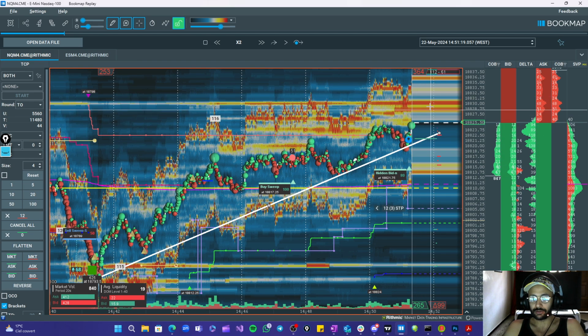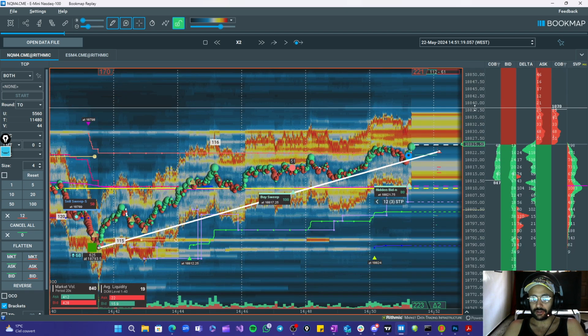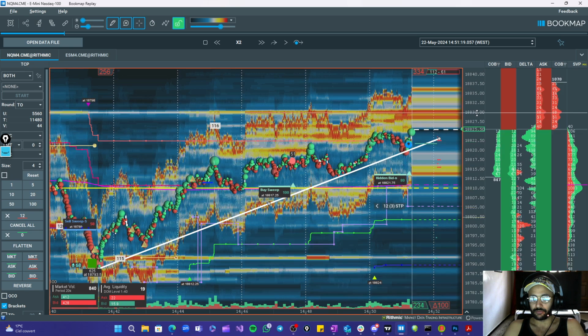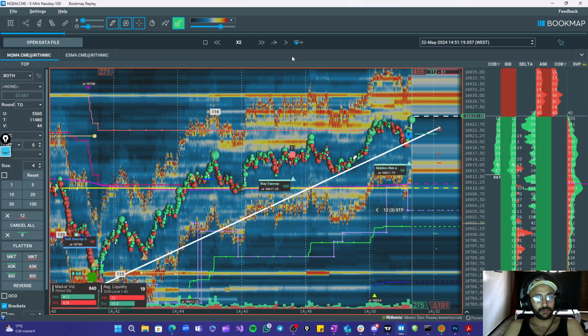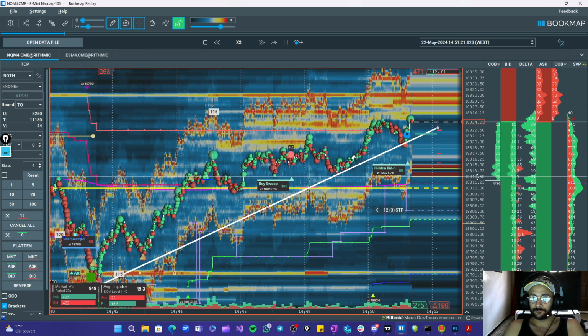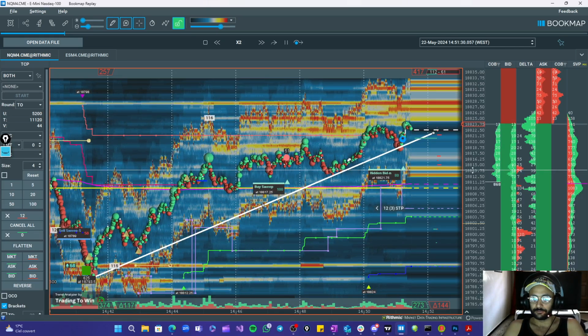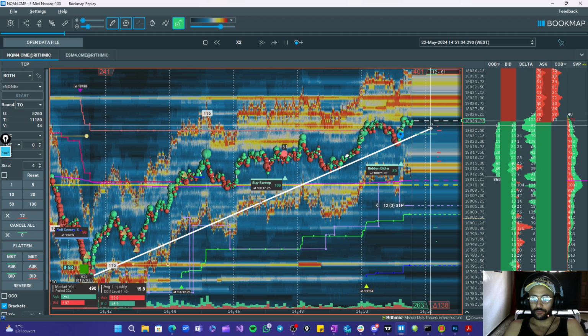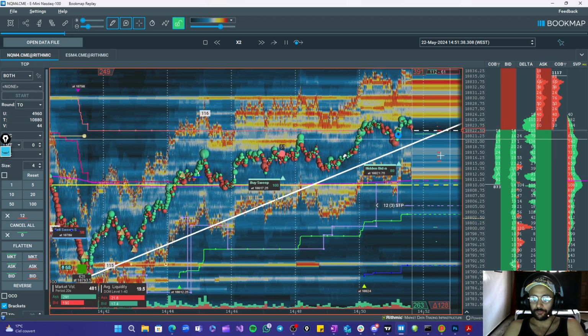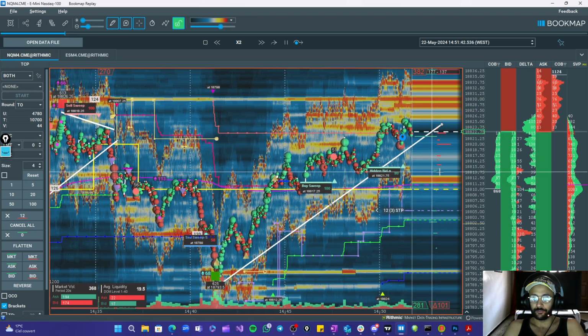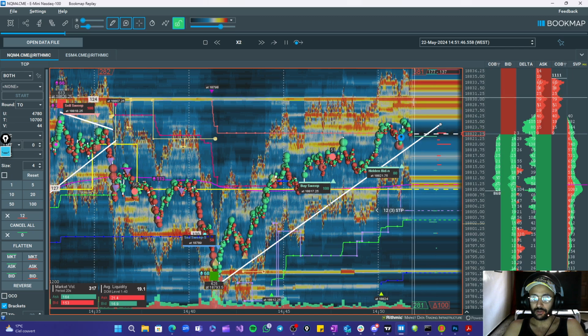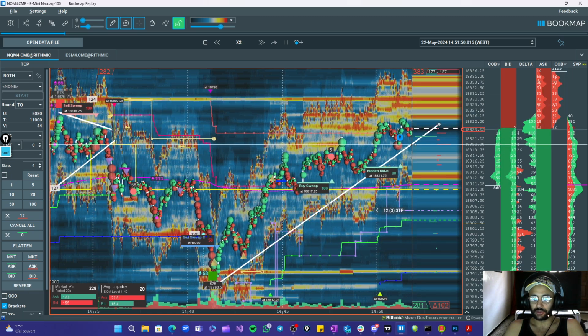So, like I said, maybe I will take my contracts at 13 because I don't see enough liquidity. So let's see. We are holding very well. As long as we have this liquidity, I will keep my position.